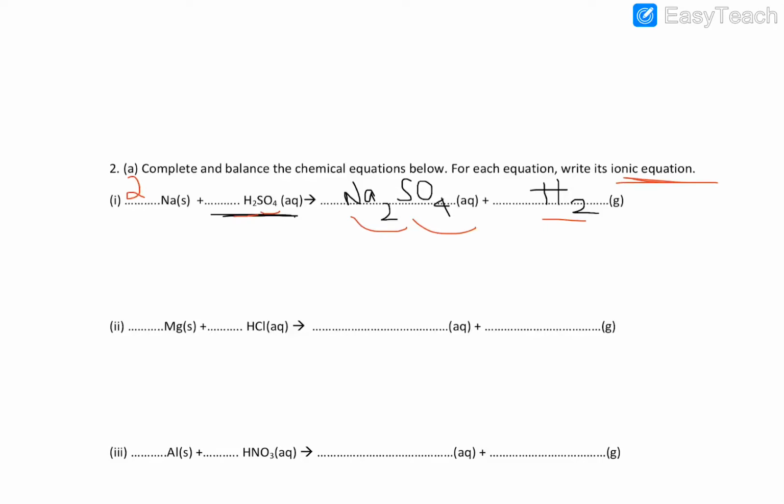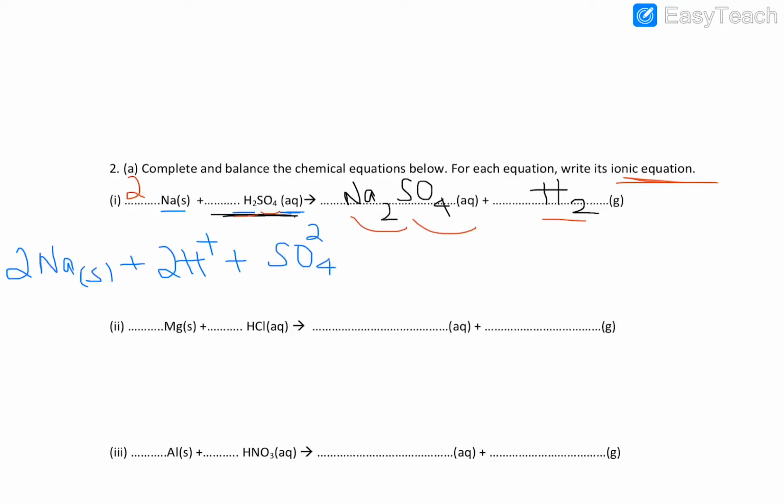Remember, whatever is solid, liquid, or gas does not split. Whatever is aqueous will split. Third step is in blue. Solid does not split, so Na is solid. I have 2 of it. H2SO4 is aqueous, so it will split: 2 H plus.